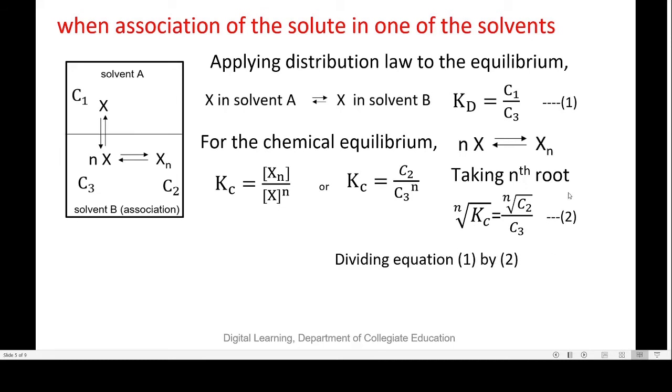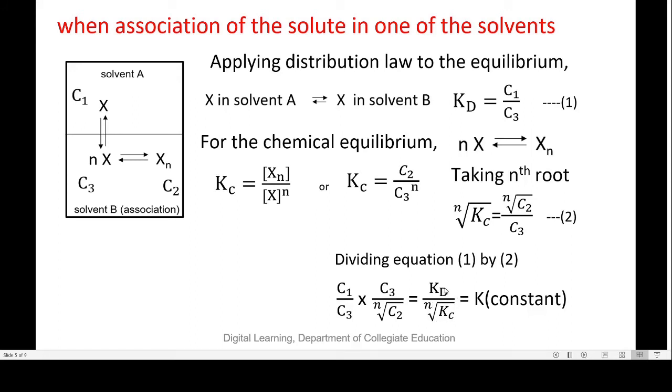Now dividing equation 1 by equation 2, we have C1 upon C3 divided by nth root of C2 upon C3. So this gets reversed, and it will be C3 upon nth root of C2. C3 gets cancelled, which is equal to Kd upon nth root of Kc.